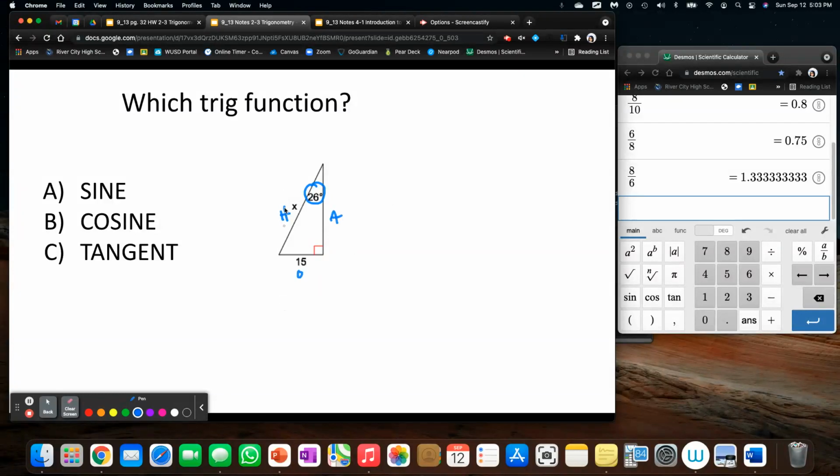This would be adjacent. So we're solving for x, and we're given the opposite side. So since that has an O and an H, again using SOHCAHTOA, opposite hypotenuse, that means we're going to be using sine for this one.